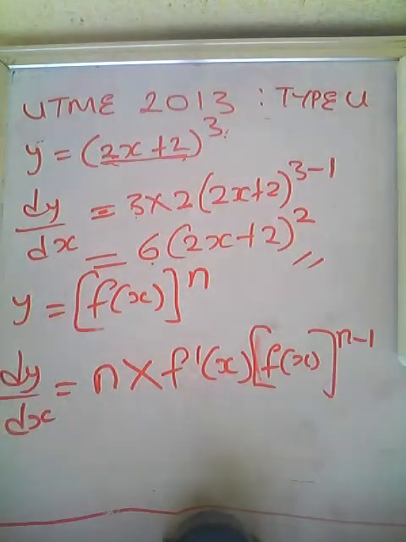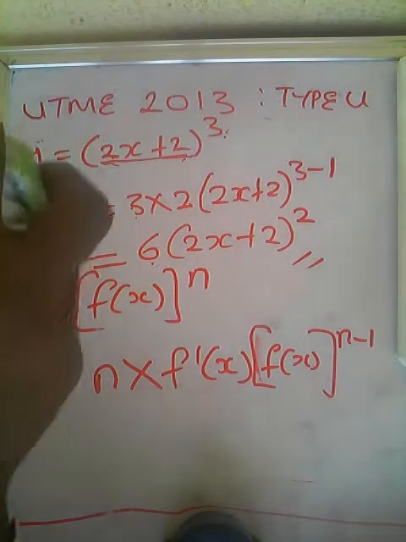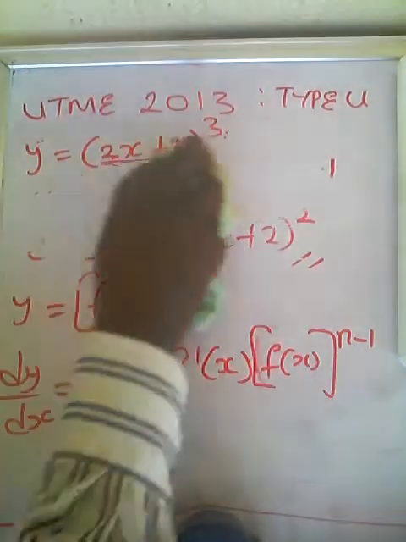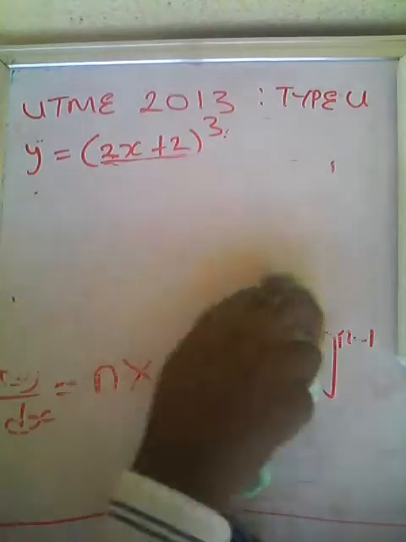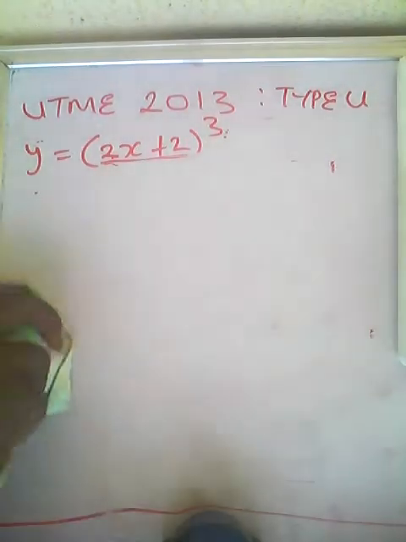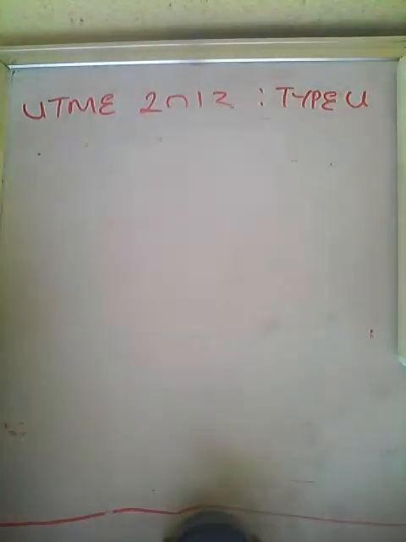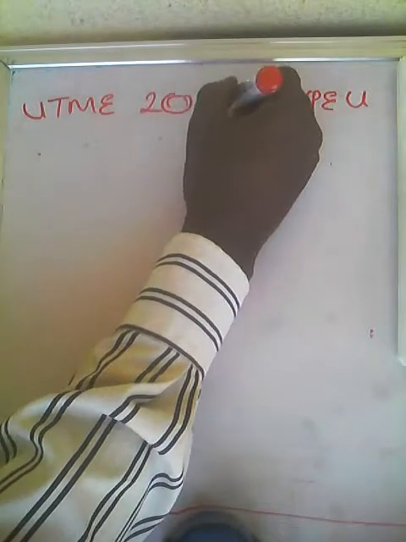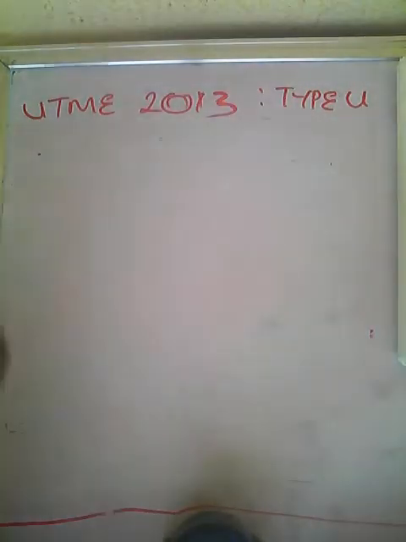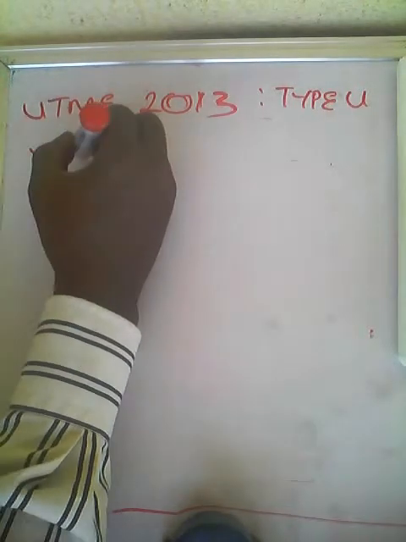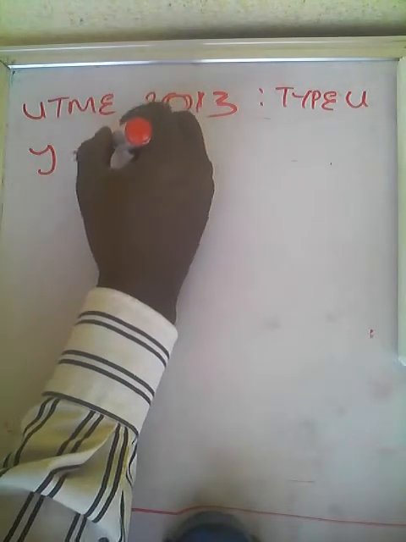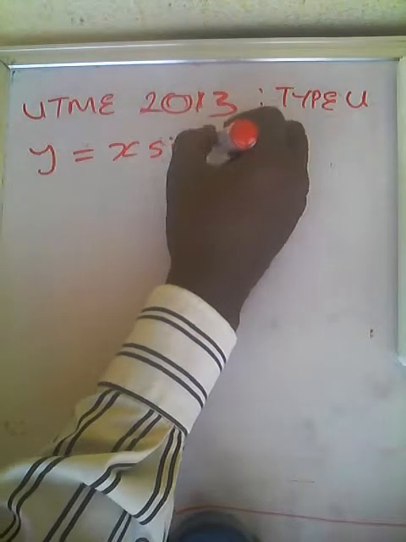Then let's move on to the second question, which is number 36 of that same paper type U. This one is not a composite function, but a trigonometric function. Differentiating a trigonometric function is also simple. We have y equals x sine x.